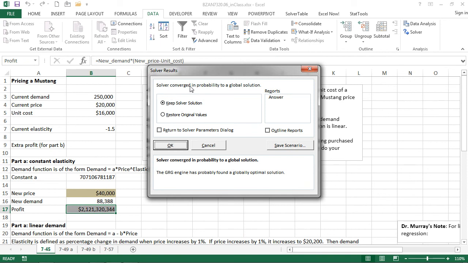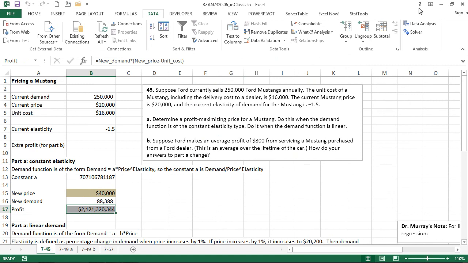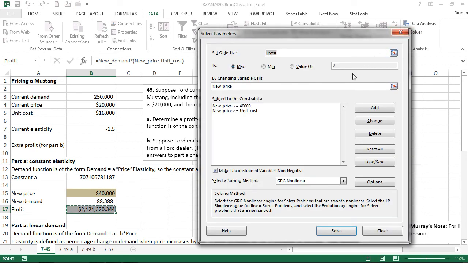Okay, it still thinks it's converged to a global solution. But we know that's not the correct answer.